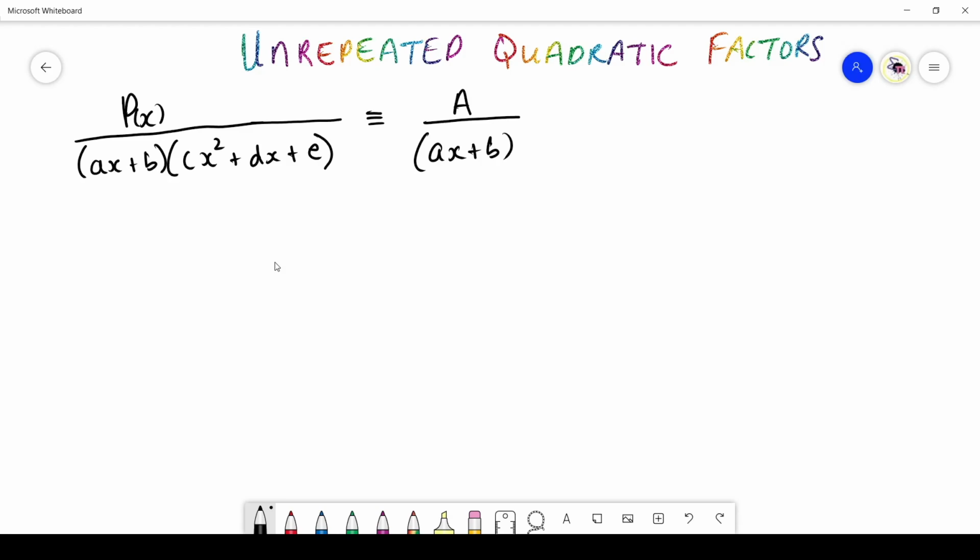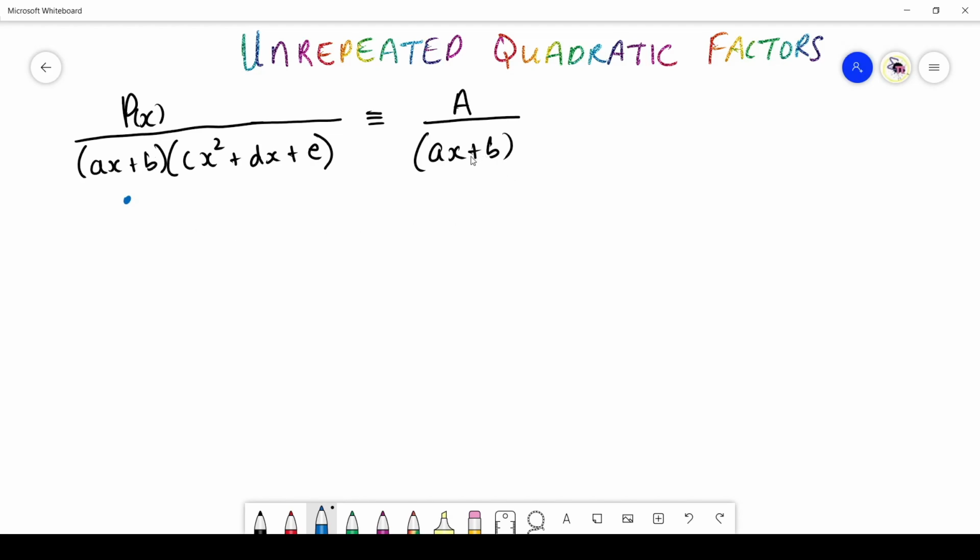For time's sake, I'm only showing you cases where you have 2 factors, okay? So that first factor there is just ax plus b. You can see within the bracket the power of x is 1, so that makes it a linear factor. And outside, the power is also 1, so it's not repeated.